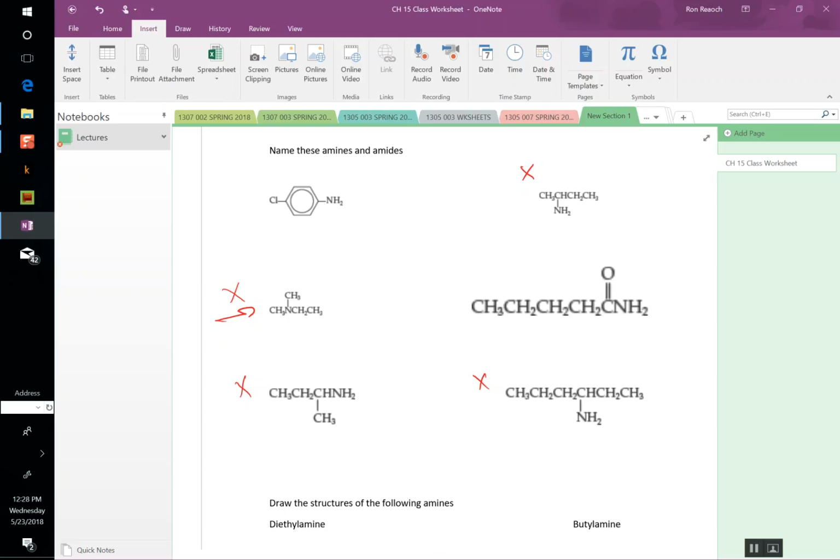And was this one of them? Okay, 1, 2, 3, 4, 5, 6. And this is on 1, 2, 3. 3-aminohexane. Need an E on the end there. 3-aminohexane. Good. Okay.